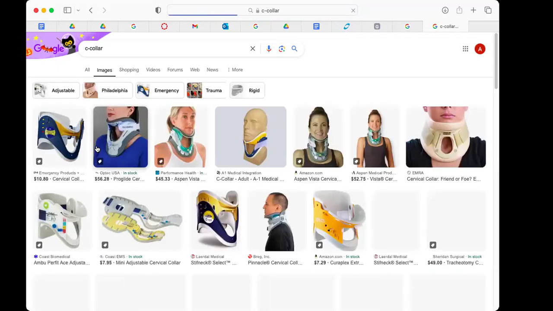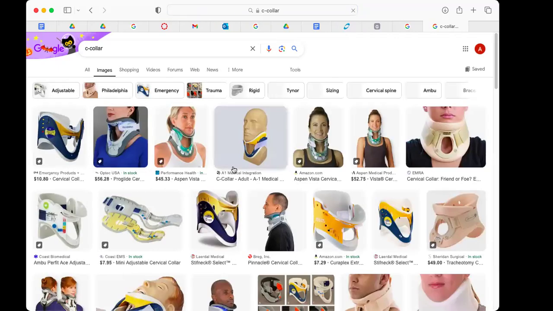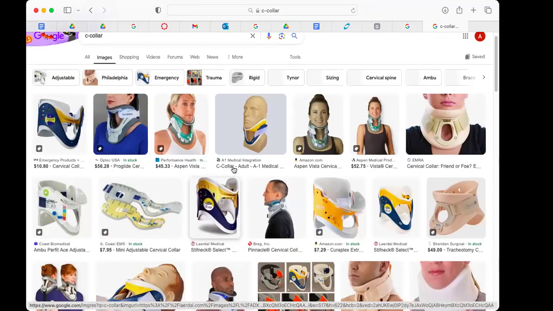You ever see when somebody gets into a car accident or something, the next day they're wearing this, right? So a collar, what do you think the C stands for? Cervical. Cervical, beautiful, because those are the cervical vertebrae that it is keeping in alignment.